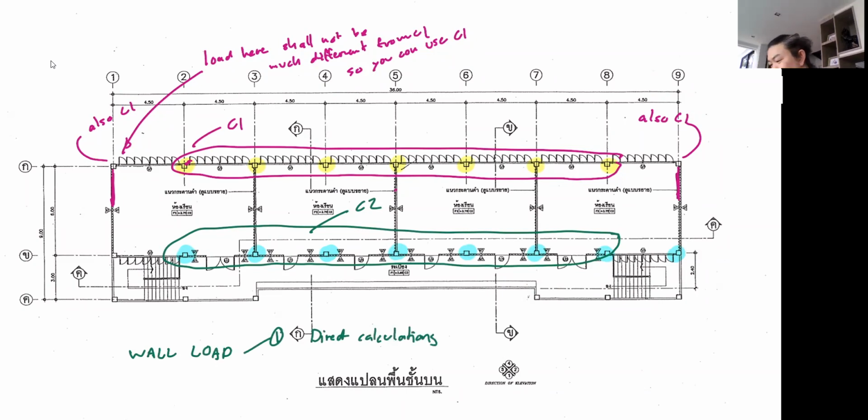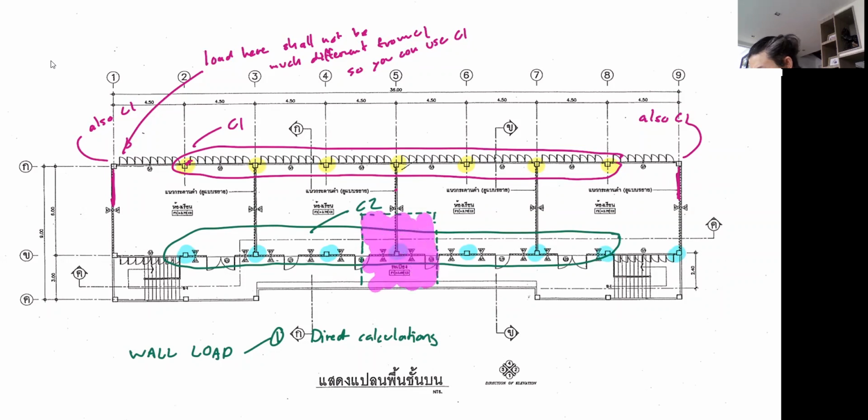Meaning, let's say for this column, for example, okay, in grid number 5, you see that its tributary width or area, I mean, will be half here, right? And then half here. So that becomes the tributary width of your column C2. All right, let's put some perspective on it so that you can see.